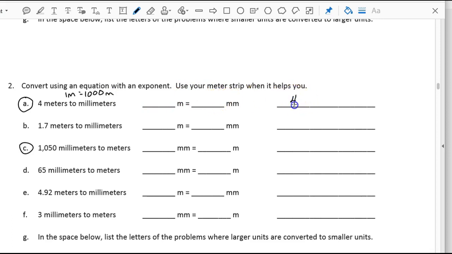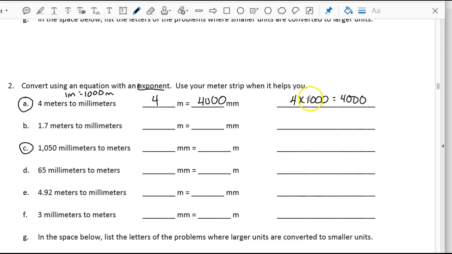We're going to be saying 4 times, how much does it take to make 1? 1,000 of them. So it's going to be 4,000. So 4 meters is equal to 4,000 millimeters.